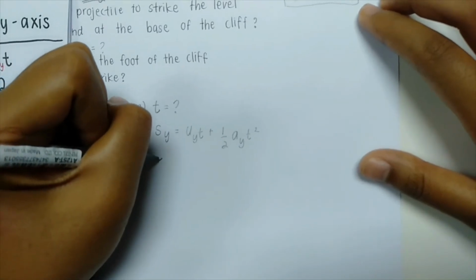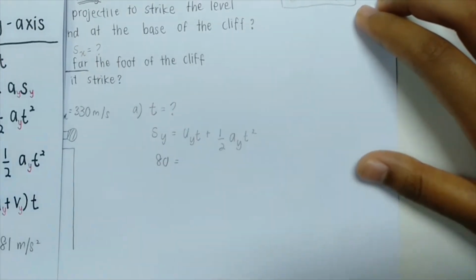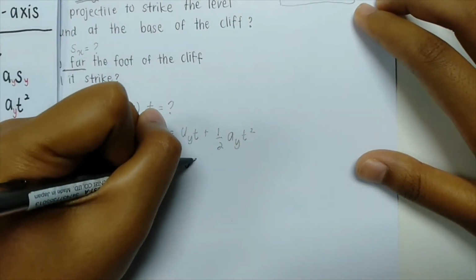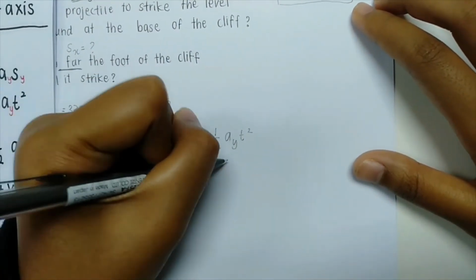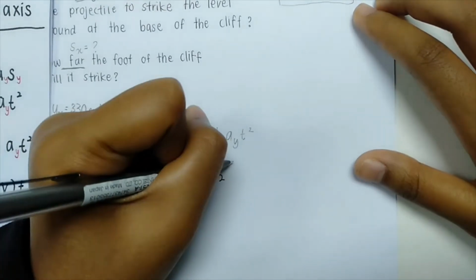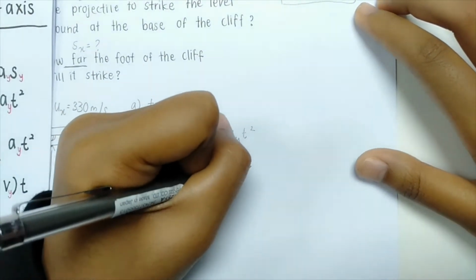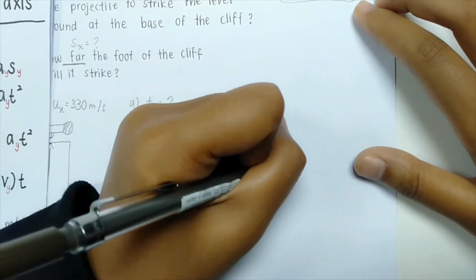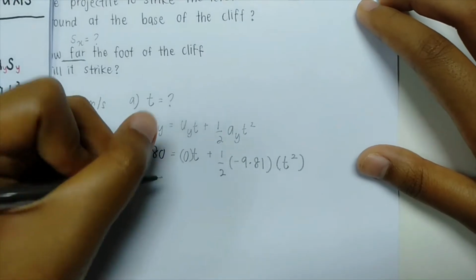So Sy equals 80 equals Uy, which is 0, times t, plus one half Ay, which is negative 9.81, t squared.